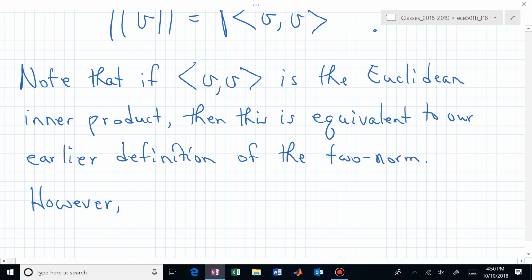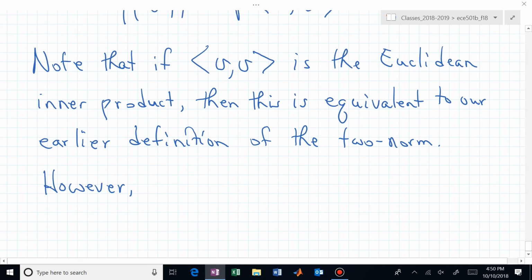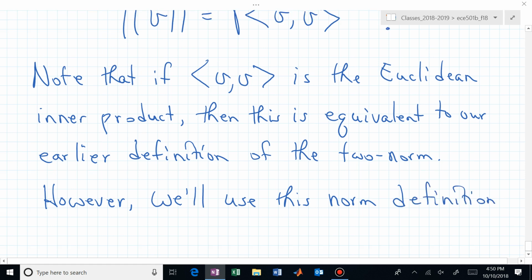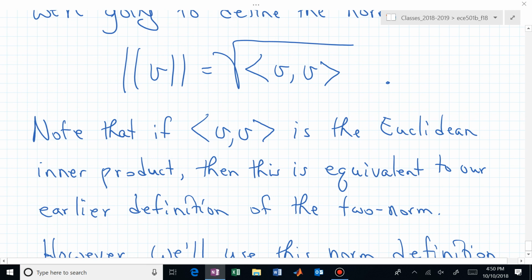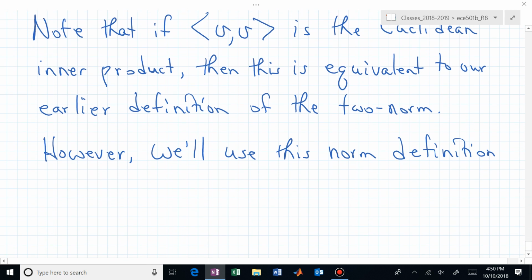But we're not going to restrict our inner products to always be the Euclidean inner product. However, we will use this norm definition, meaning the norm is going to be the square root of whatever we've defined as the inner product. So we'll use this norm definition with any inner product.